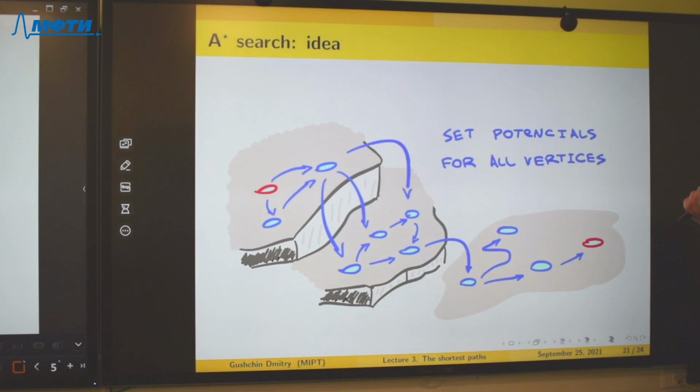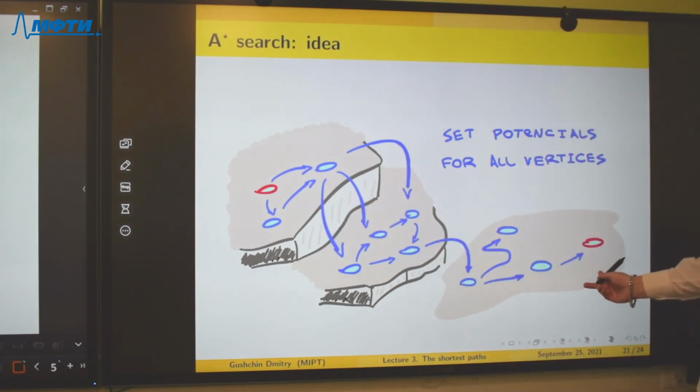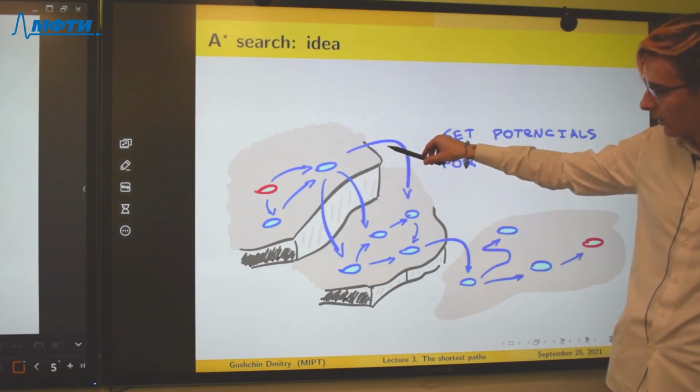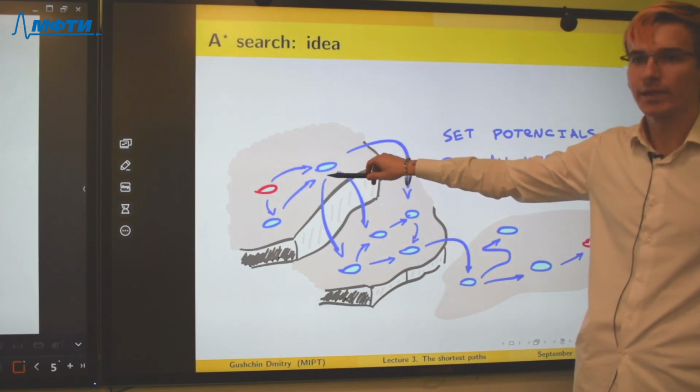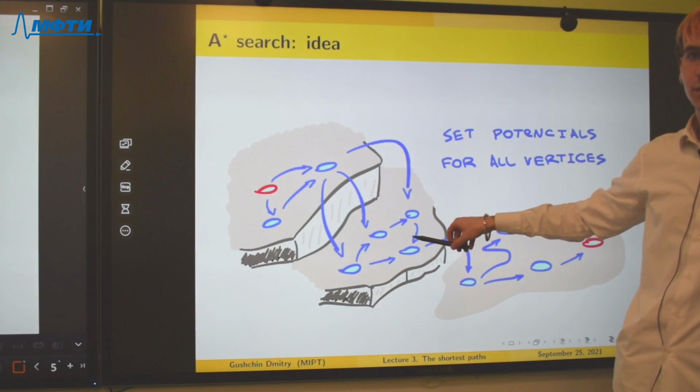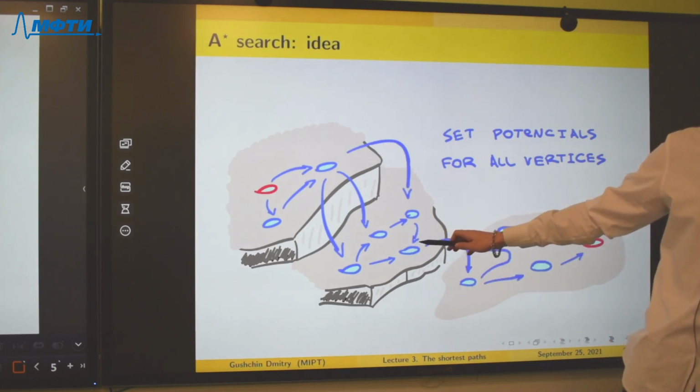Imagine that you need to find the shortest path between this place and this place. Of course, you will find paths that start on a higher place and end on low places.